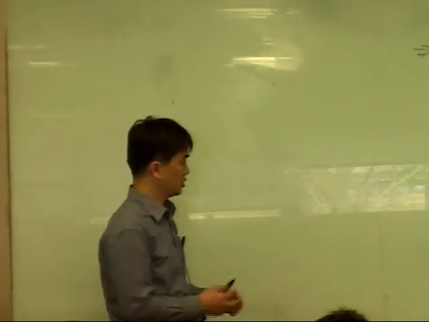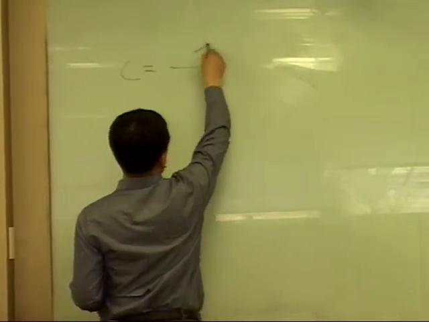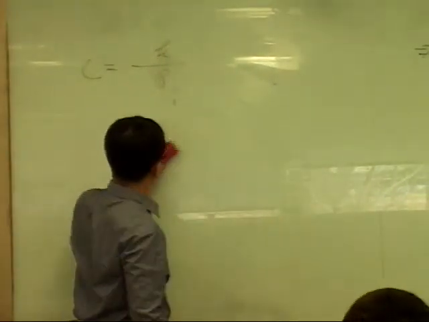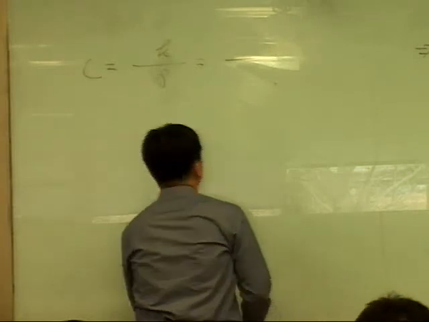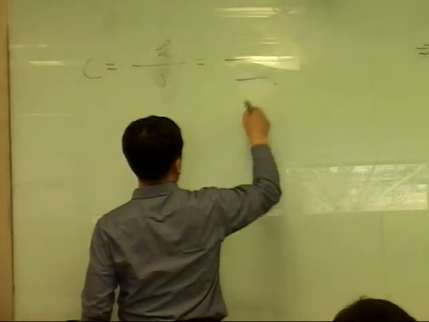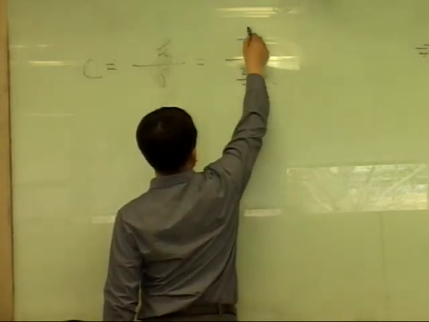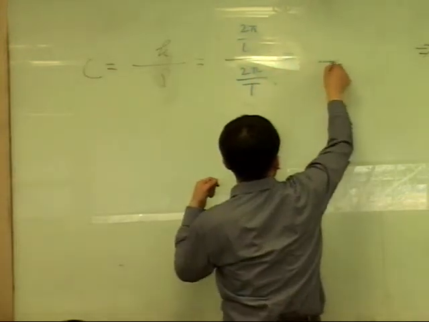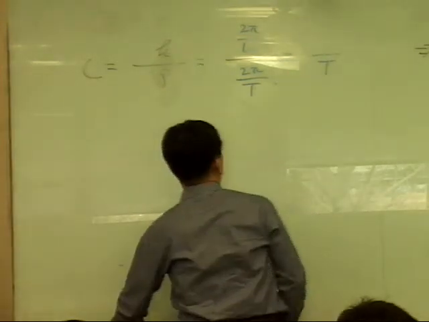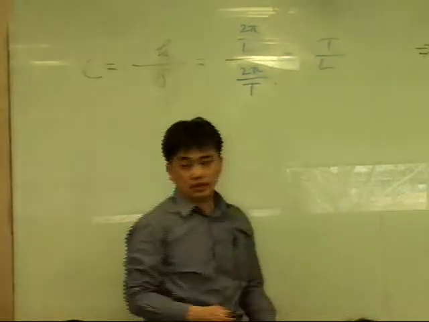Okay, so now we calculate the C. So C equals sigma over k. What's the sigma and k? Sigma is 2 pi over T, k is 2 pi over L, right?